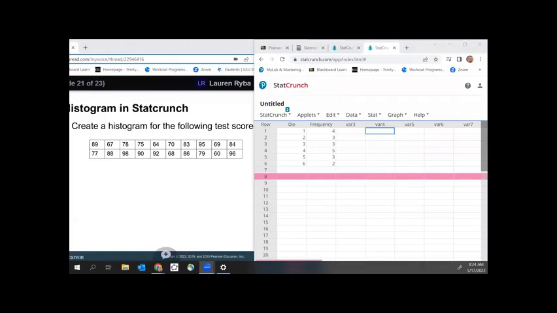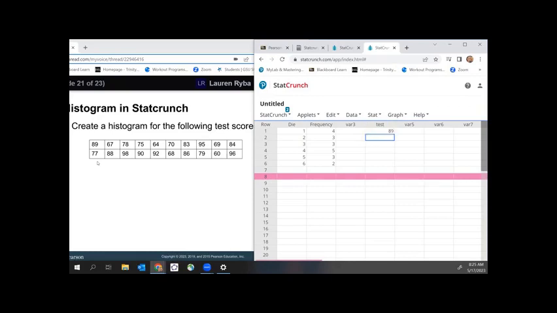We're going to create a histogram for the following data. And I say data specifically because this is all the raw data. It's not grouped for us in any specific way, shape, or form. We just have the following test scores. So I need to enter them in.